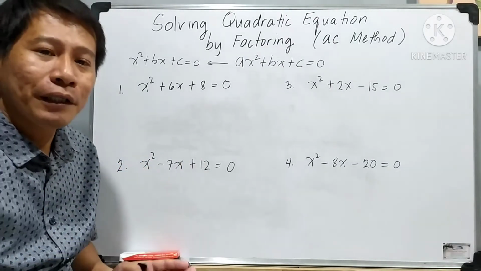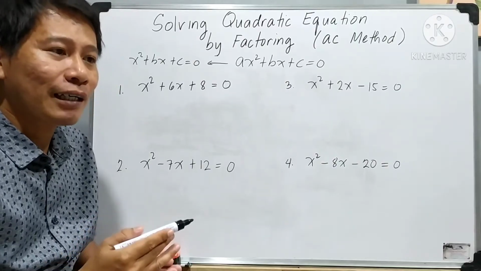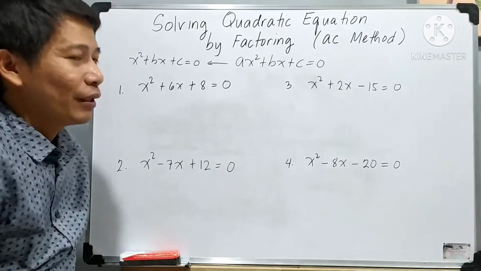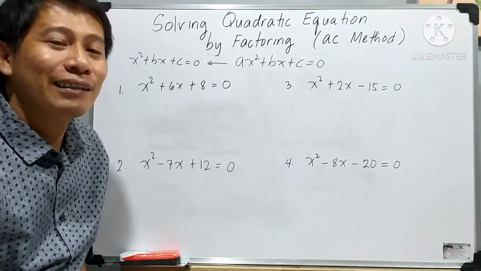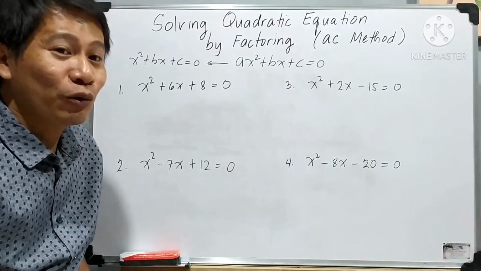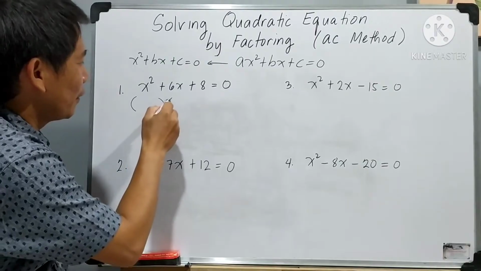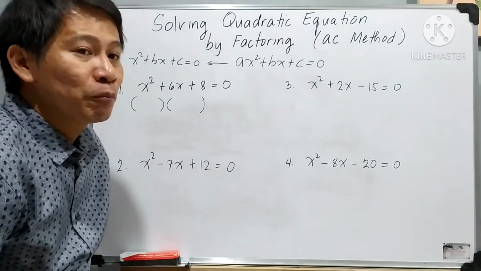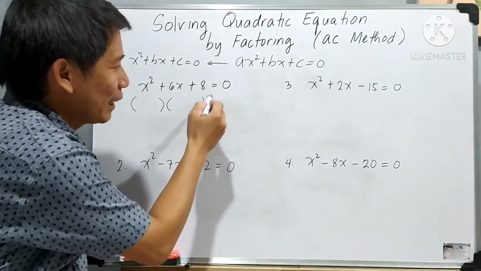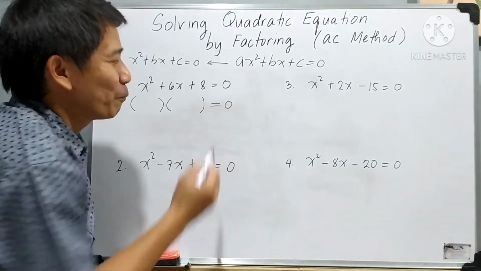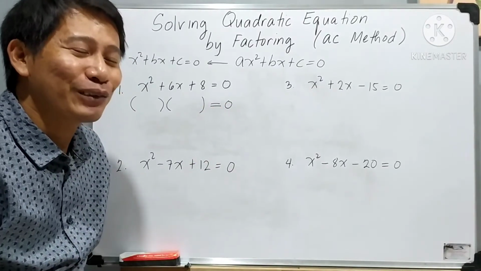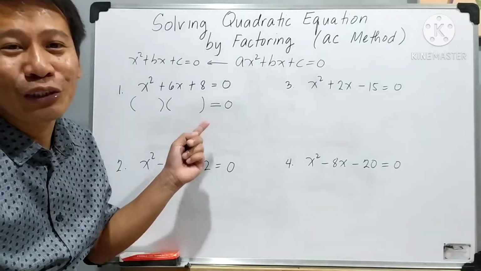So, remember, pag finactor ang isang quadratic trinomial, ang factors niya ay laging dalawang binomials. So, ang una niyong gawin kaagad, gawa kayo ng dalawang binomials. But do not forget, kailangan naka-equate sa 0. Yan kasi nakakalimutan ng mga estudyante sa solution nila.